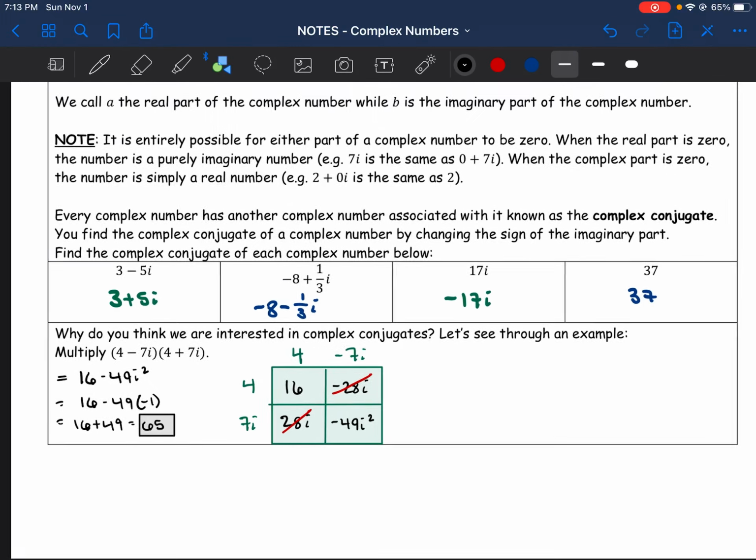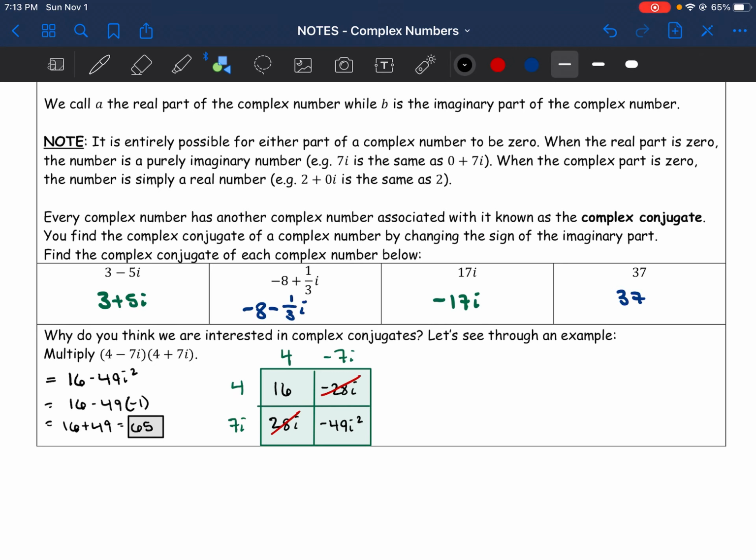So let's see what really happened here, because remember, we want to answer the question, why might these complex conjugates be important? Notice we multiplied 4 minus 7i times its complex conjugate 4 plus 7i. We multiplied two complex numbers that had imaginary parts and noticed that the product was a purely real number.